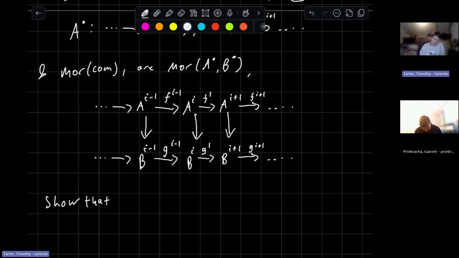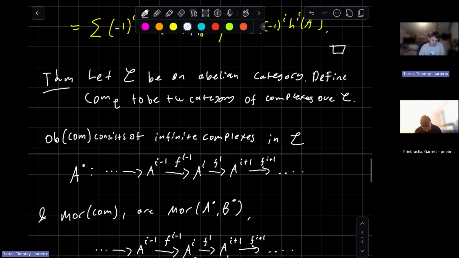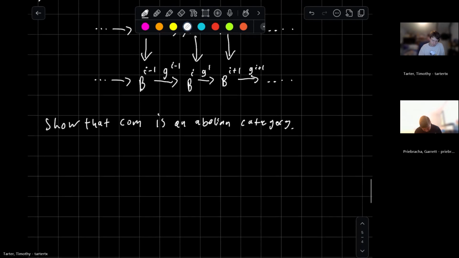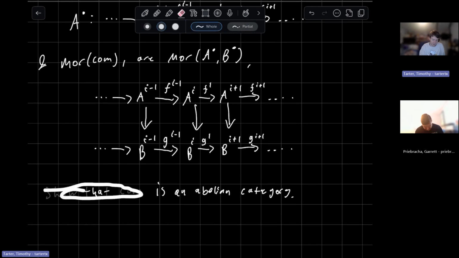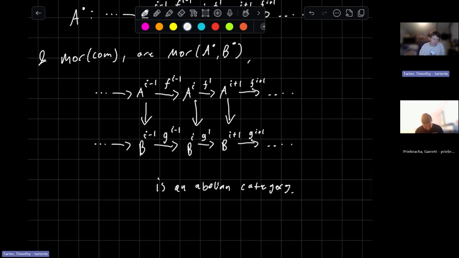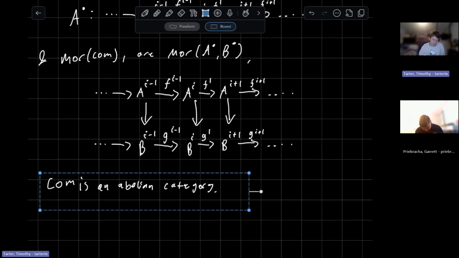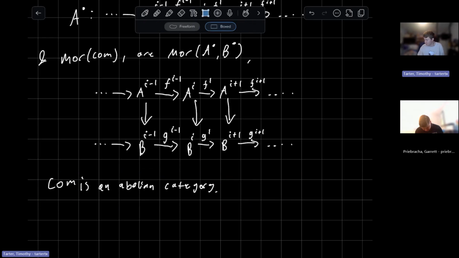Show that Com is an abelian category, or rather, since we stated this as a theorem, I'll say Com is an abelian category.